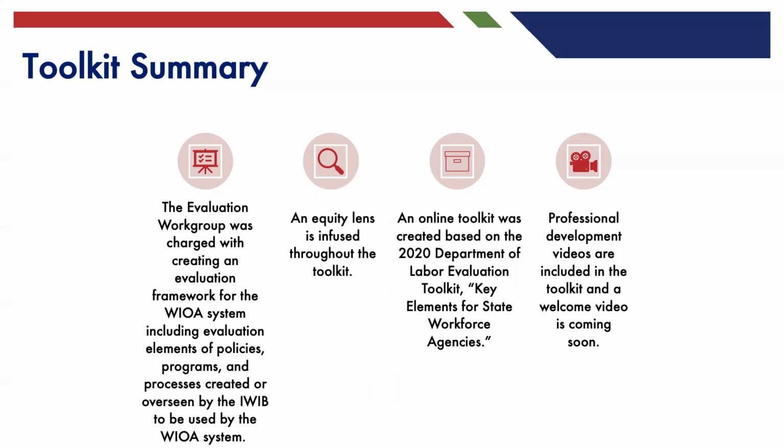Putting this online allowed us to embed some really high quality resources, from professional development videos that highlight key aspects of equity, evaluation, and workforce systems. This is a very engaging, comprehensive resource that we're releasing right now to give you the tools for evaluation.